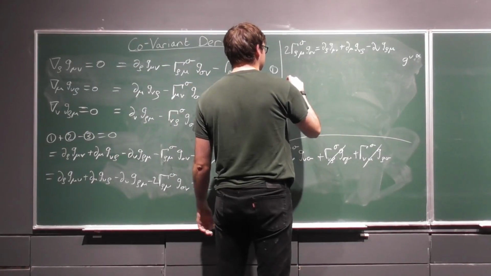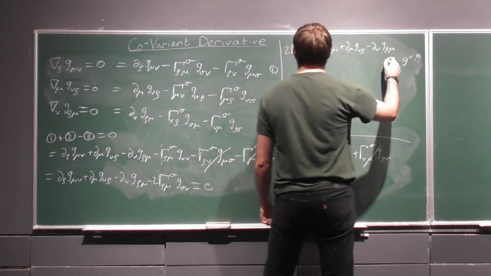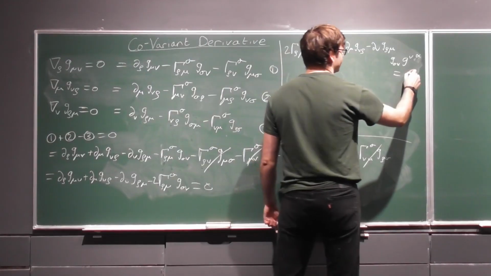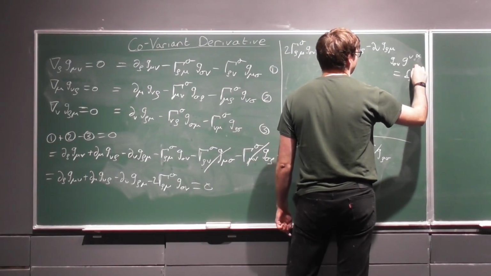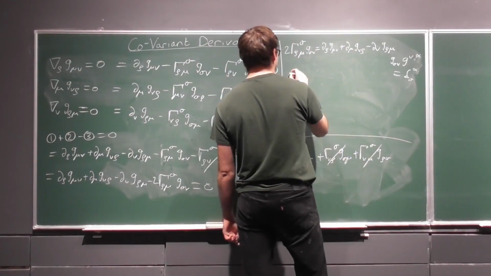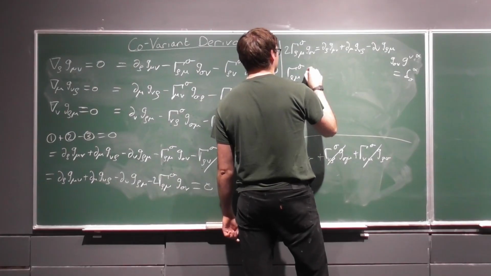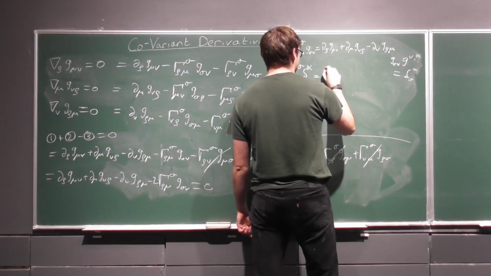Then when this applies to the g sigma nu that I have here, I'm going to get delta sigma alpha. So if I apply that across, I'll get my delta sigma alpha, and then a half.